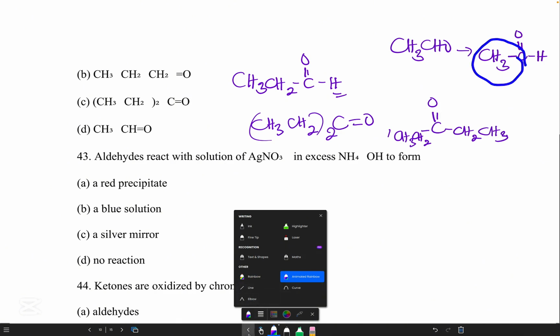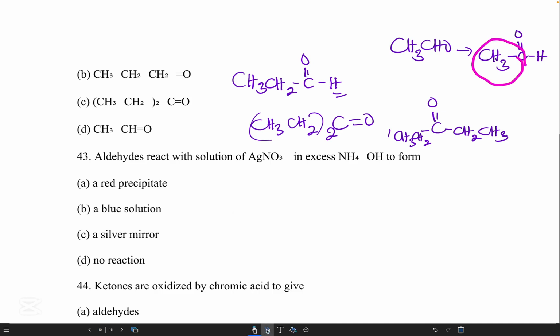Oh, sorry. Let me correct that. This group here is our methyl ketone, not just this group, but including the C double bond O. Let me rewrite it out again. Sorry about that.